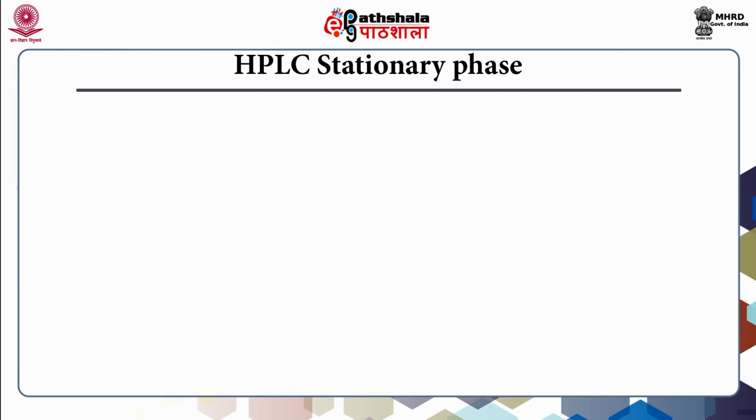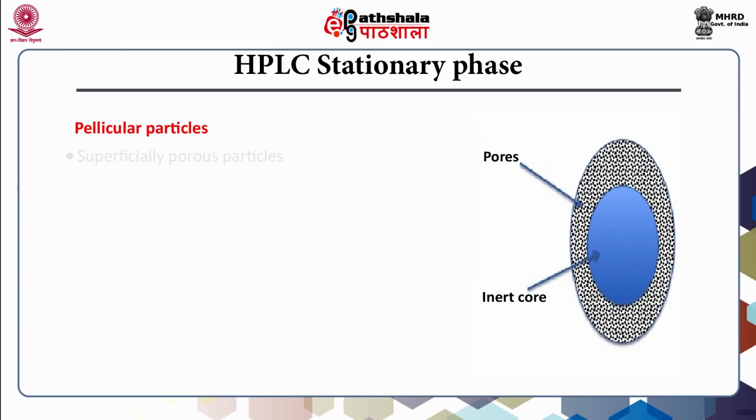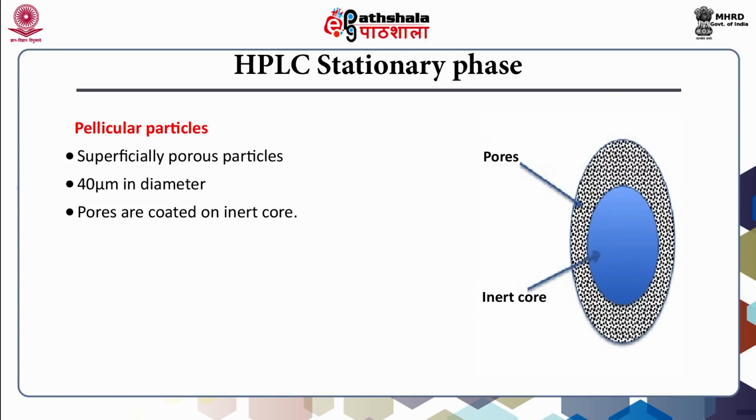The next stationary phase particle is pellicular particles. Pellicular particles are also called superficially porous particles, and these superficially porous particles have a diameter of 40 micrometer, and these particles have an inert core on which the pores are coated.